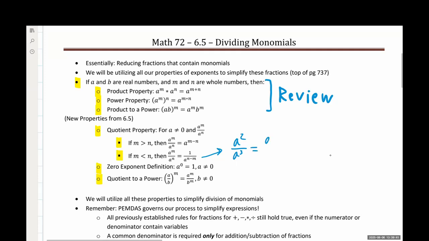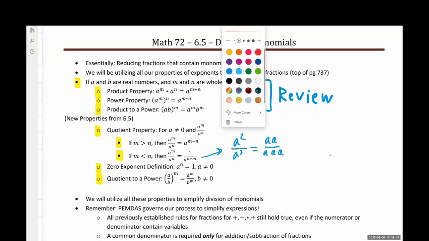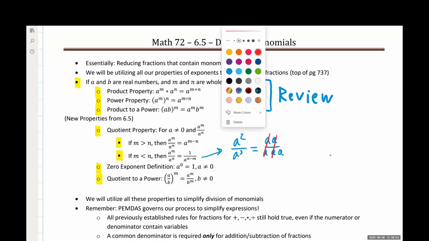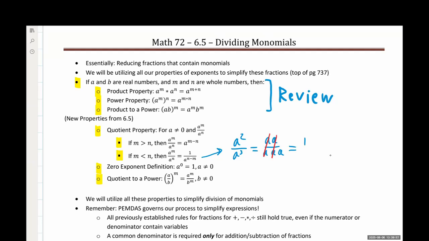So if I were to expand this thing out, I would notice that two of the a's cancel here and here, which means I'm left over with a single, just the number 1 up top, and then a single a down below. So think of it in the stance of where is the leftover variable going to end up, in the numerator spot or the denominator spot?